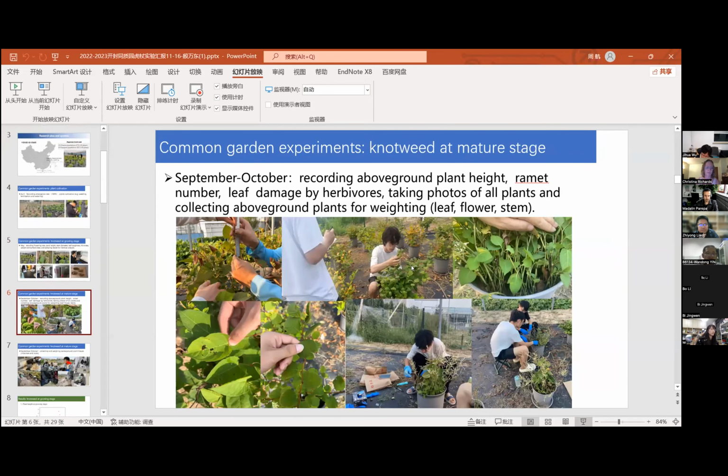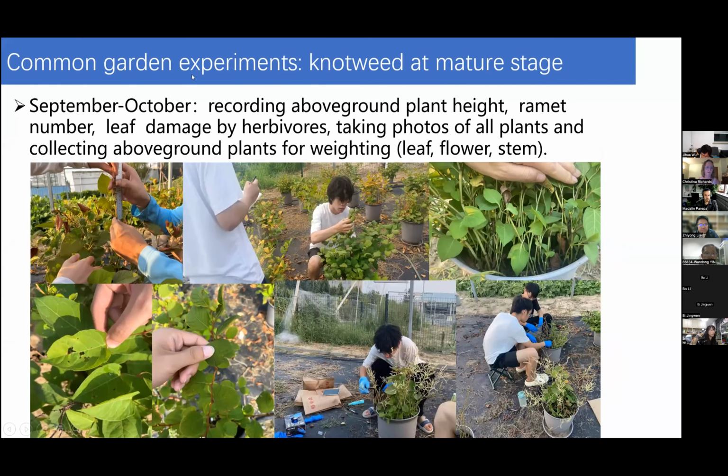In September and October, we carried out experiments at the plants' mature stage. We recorded above ground plant height, ramet number, leaf damage by herbivores and pathogens, took photos of all plants, and collected above ground plants for weighing: leaf weighing, flower weighing, and stem weighing.